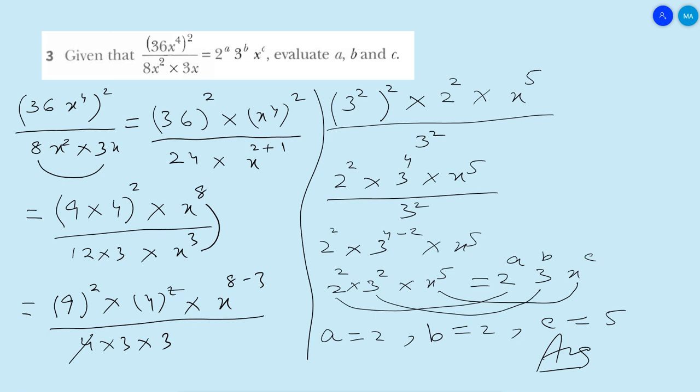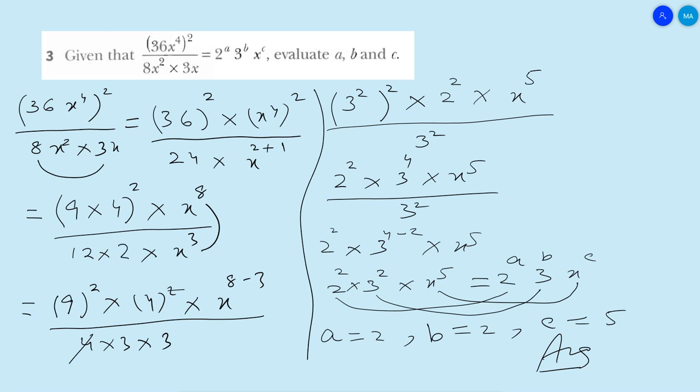The value of a is 2 and the value of b is, kindly wait. Oh, sorry. This is 24. This should be 2, because 24 is 12 into 2.